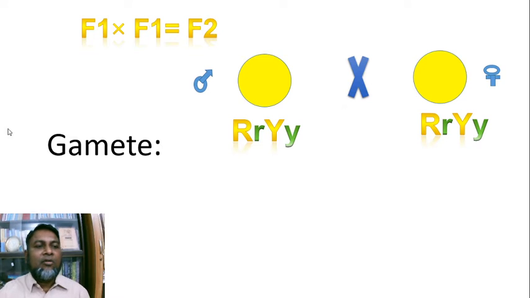Next, when F1 male is crossed with F1 female, their genotype is capital R, small r, capital Y, small y, and the same genotype for the female.